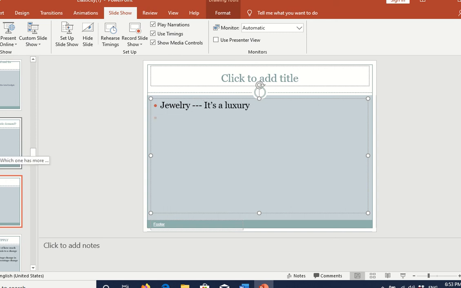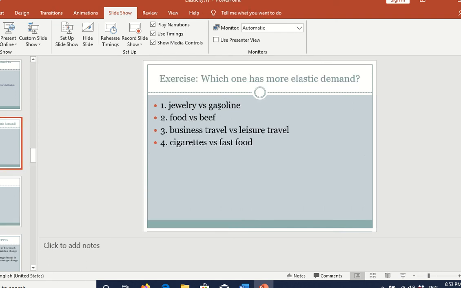So if you don't like the price, you don't have to have jewelry. But it's a different story for gasoline. Many of us still have to drive. So cars run on gasoline. So even though the price of gasoline is not favorable, we may be stuck. We don't have a lot of choices.